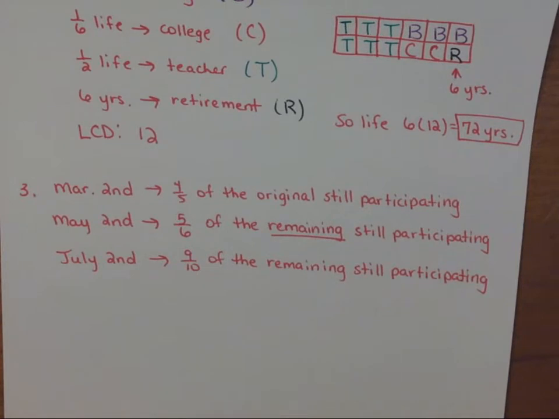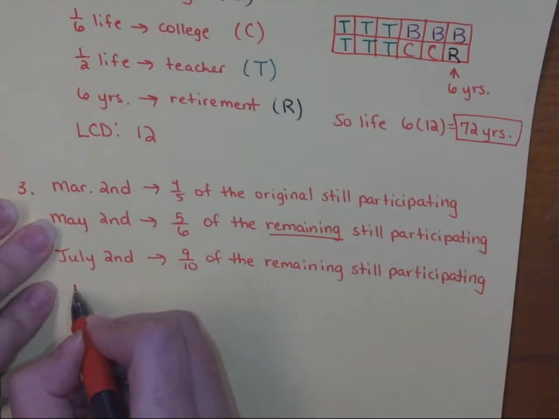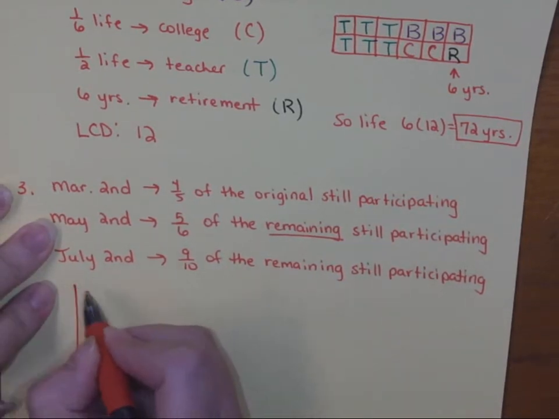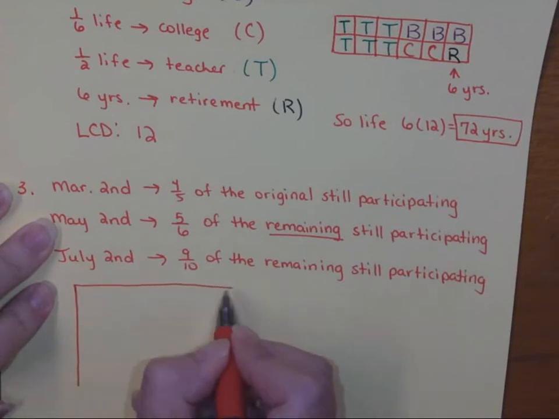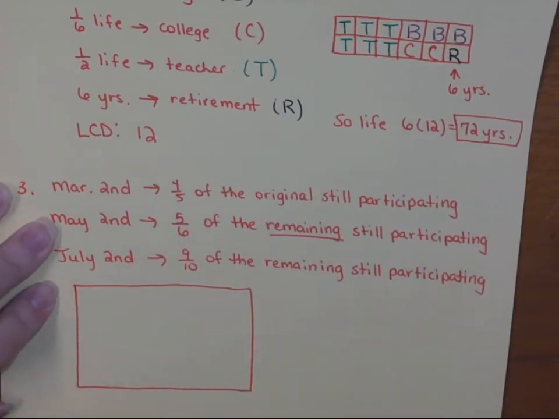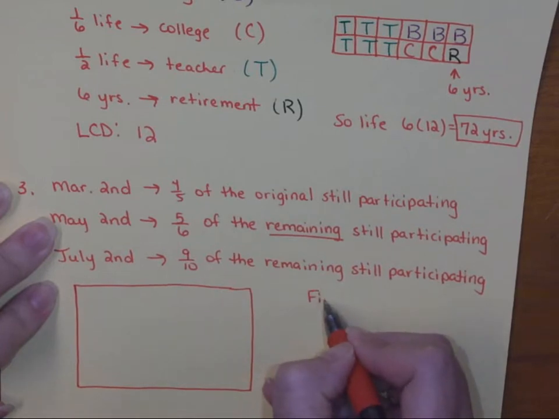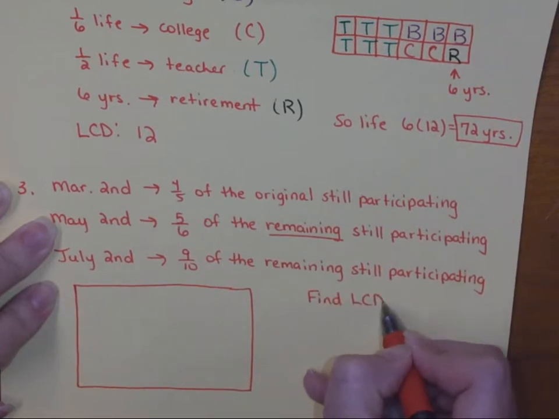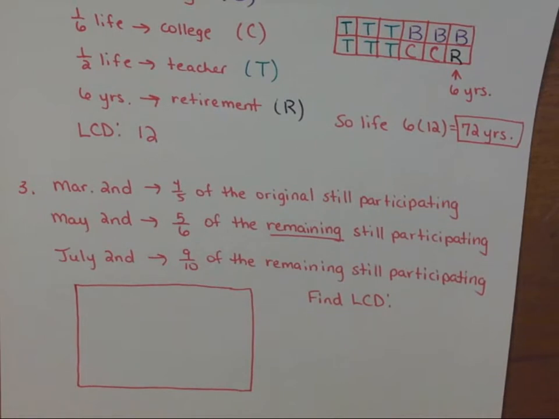So what we're going to do is figure out an LCD, and then we're going to mark out the boxes of people, because likely a box will count for more than one person that we still have here. So first we would need to have an LCD. So how would I relate 4/5, 5/6, 9/10?